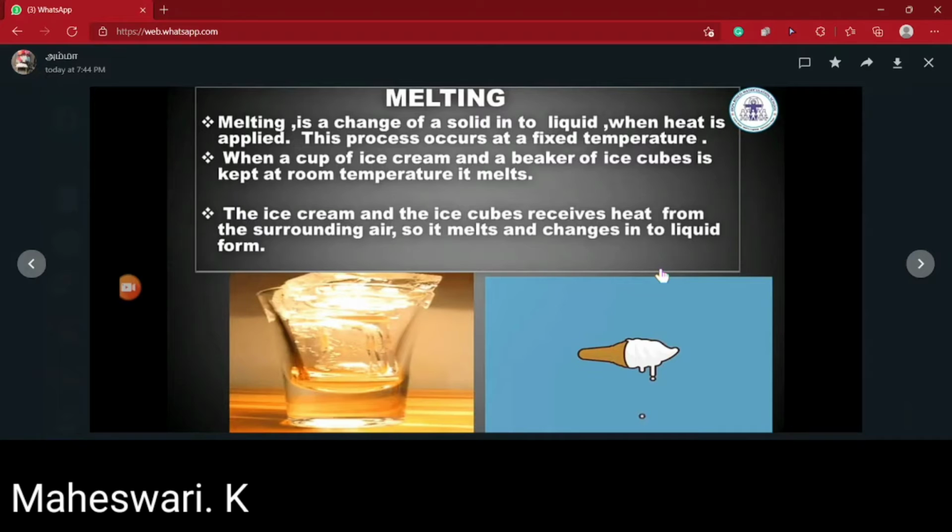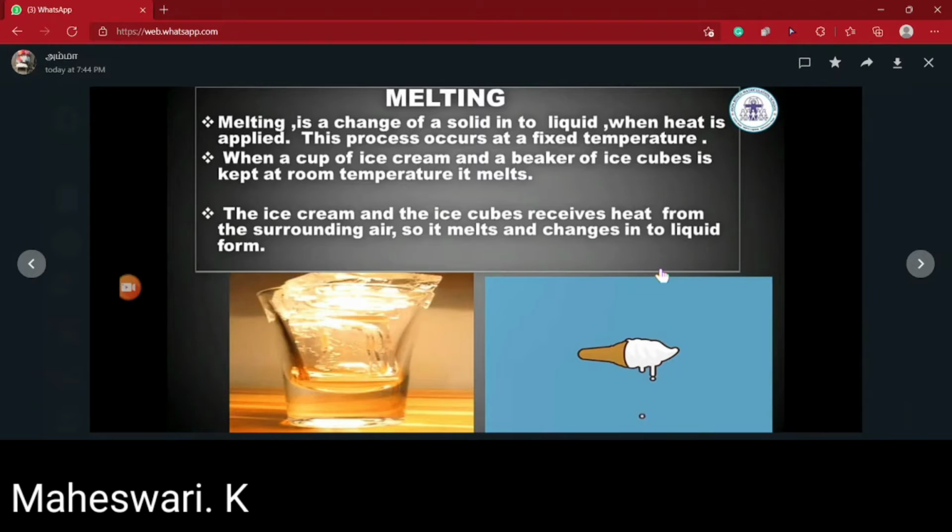So now let us see what is melting. Melting is a change of a solid into liquid when heat is applied. This process occurs at a fixed temperature.